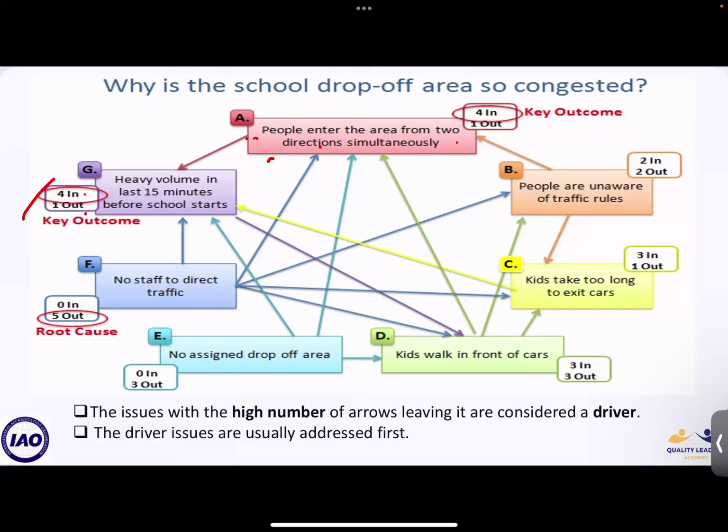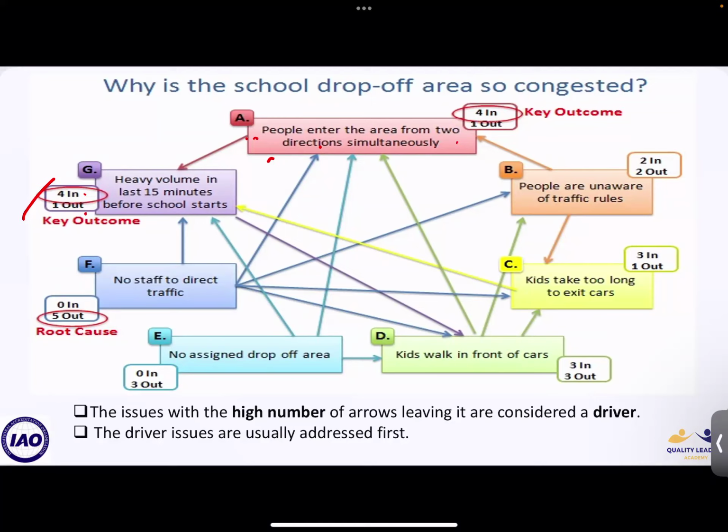Another problem is no staff to direct the traffic. No assigned drop-off area. And kids take too long to exit cars. So these are the four other problems that caused this heavy volume in the last 15 minutes.